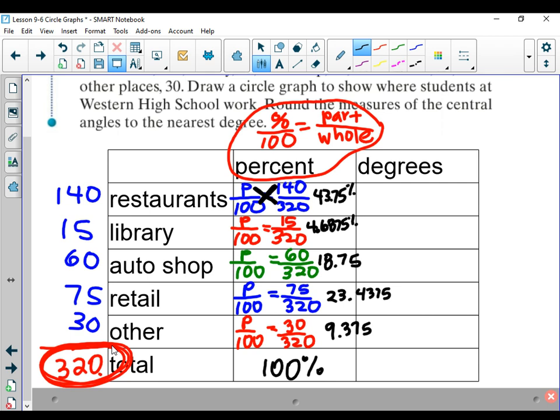Did you try it? Yeah. Does it equal 100? I got 81.20. Something's wrong. I did all the same ones as you.